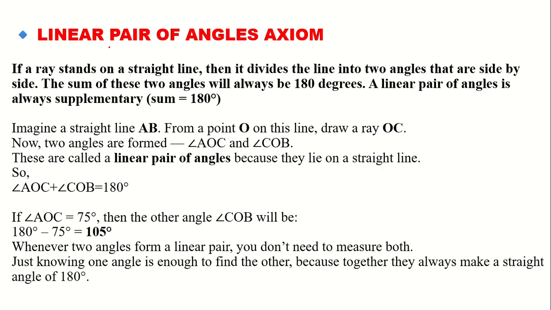So, what is the linear pair of angles axiom? When a ray is drawn on a straight line, it divides the line into two angles that are next to each other, side by side, and the total of these two angles will always be 180 degrees.